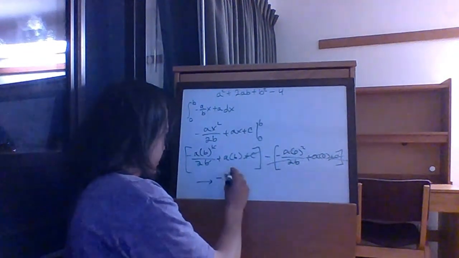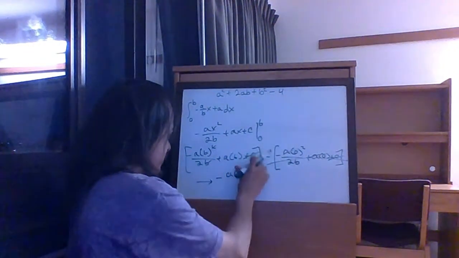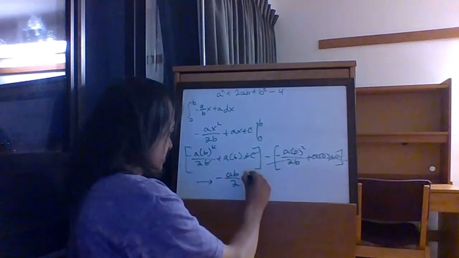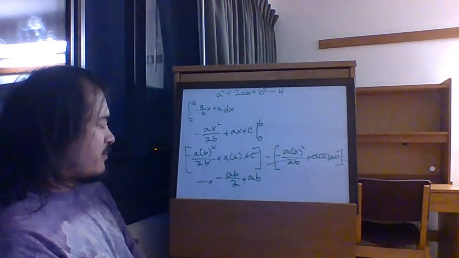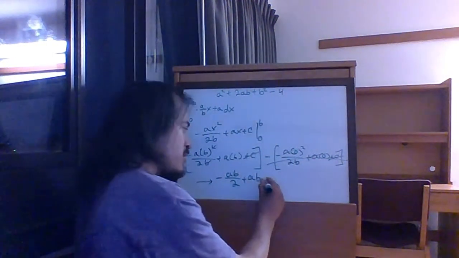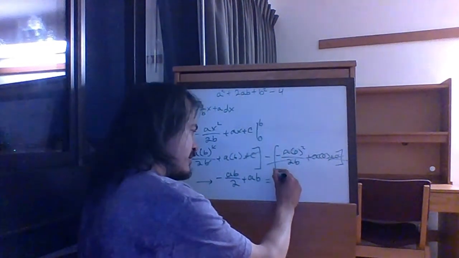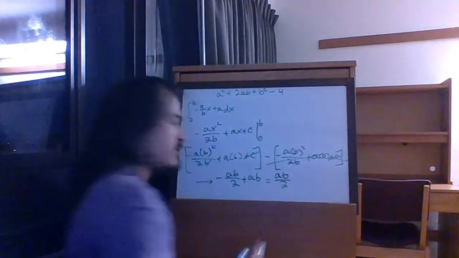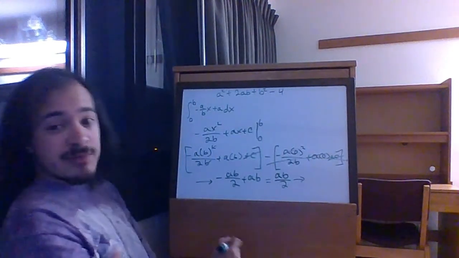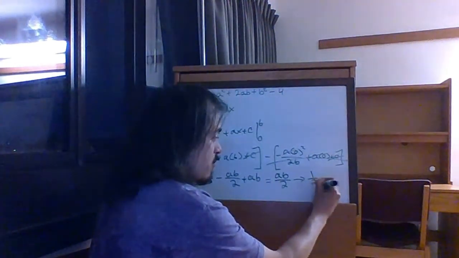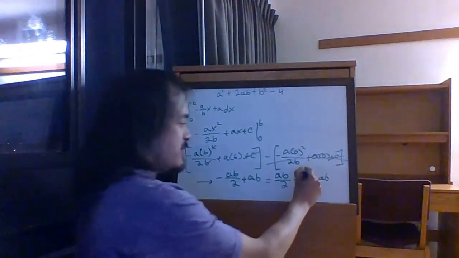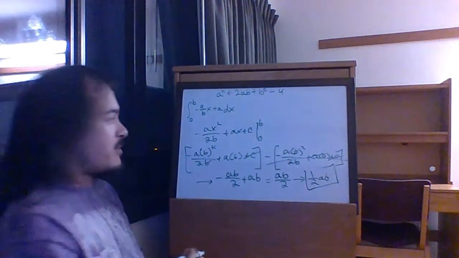After I do so, what I get is negative ab over 2 plus ab. So I have a negative half, and I'm adding a whole. So I'm sure you can guess what I get out of it. It's ab over 2, a positive 1/2. I can rewrite this as 1/2 ab. And that right there is our area of a triangle.